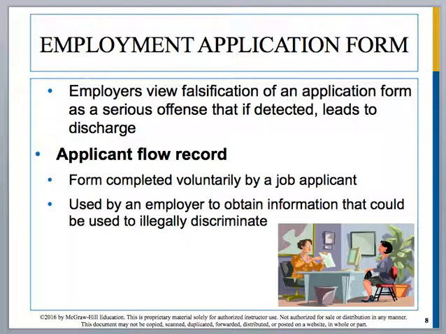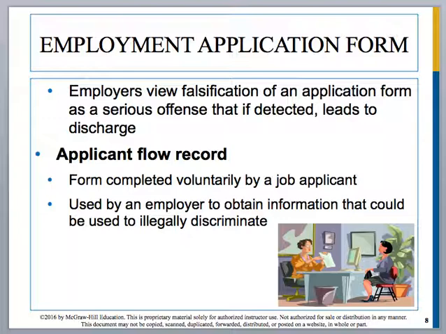And if you falsify any information on your application form, and they find out after you've been hired, they can fire you. And in some cases, depending on how egregious the act that you committed, they can actually file a lawsuit against you or file charges for one or different infractions.